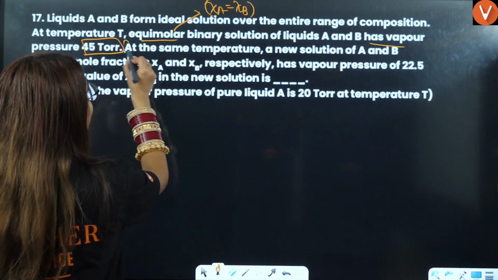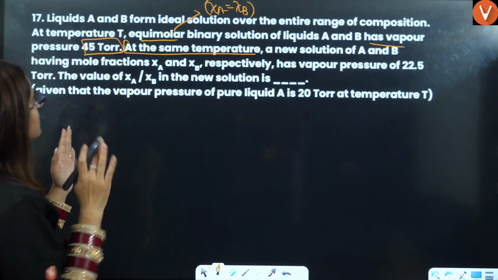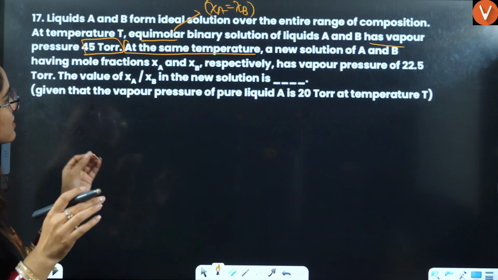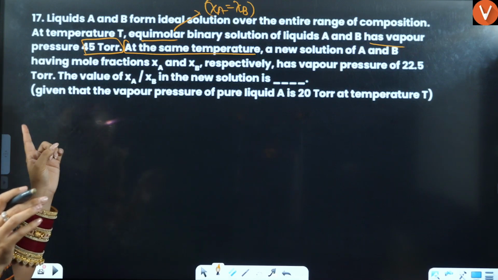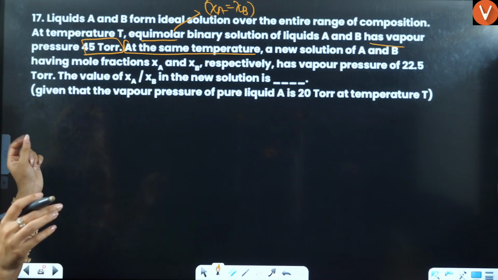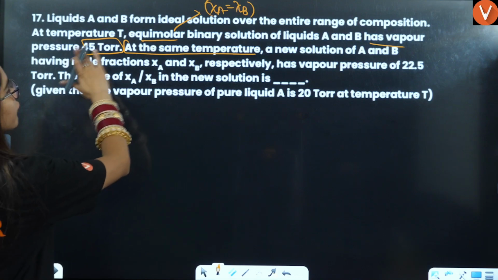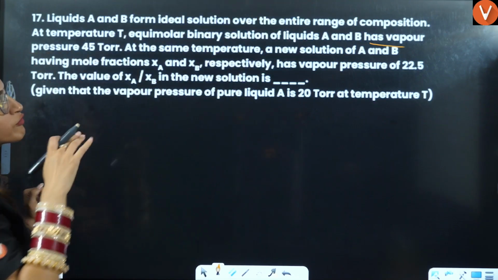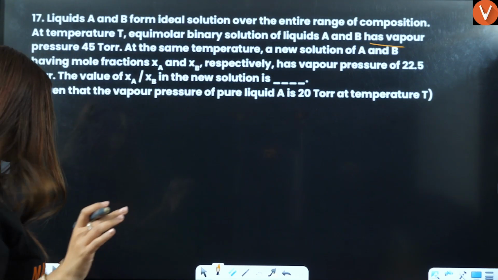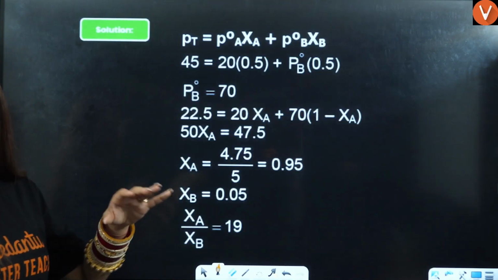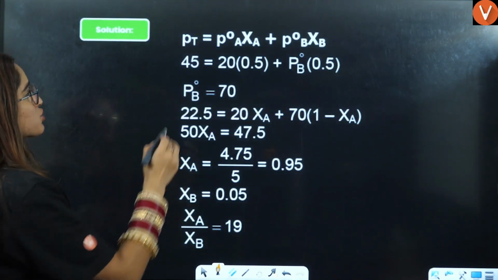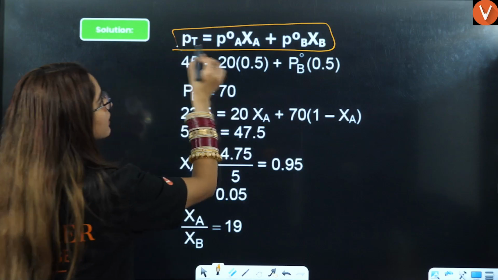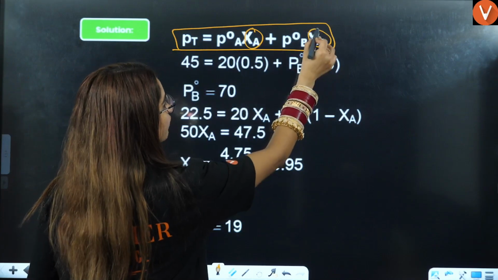Now they are saying that at the same temperature a new solution has these mole fractions respectively and this vapor pressure. But firstly they are saying you have total pressure where it is equimolar, that means your mole fractions are equal. So applying Raoult's law here, this and this are equal, right?